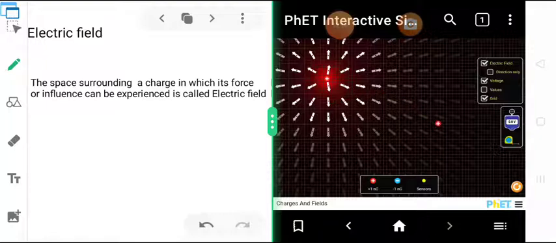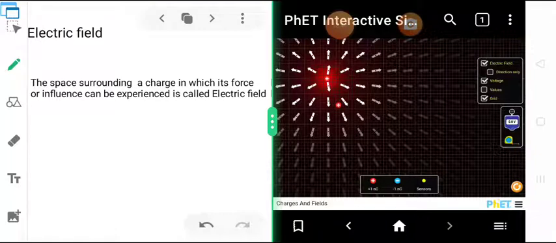That far off distance is called infinity, situated at a very large distance from this electric field. We have to bring that positive charge from infinity into the electric field of this positive charge. Obviously, as like charges repel each other, we have to do some work in bringing this positive charge from infinity to the electric field.